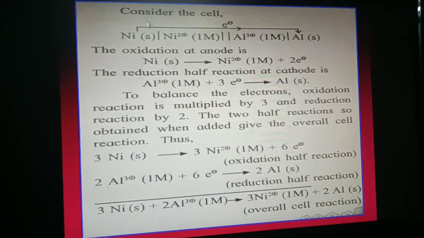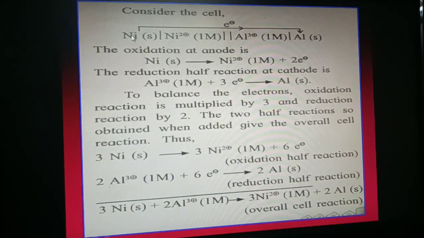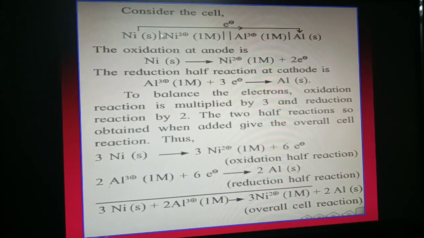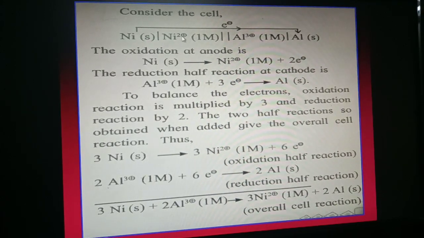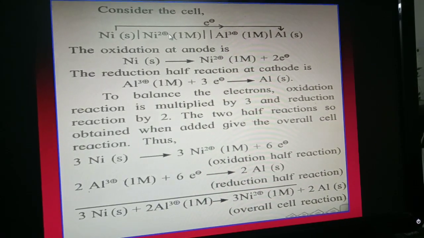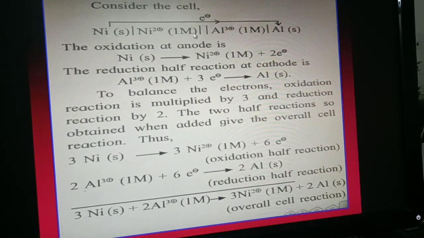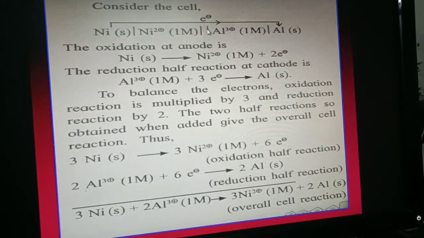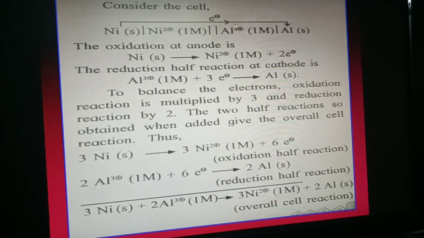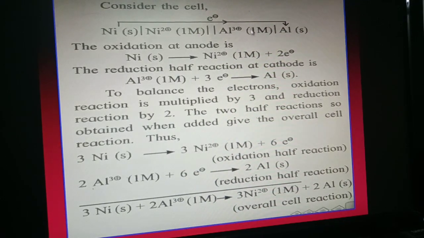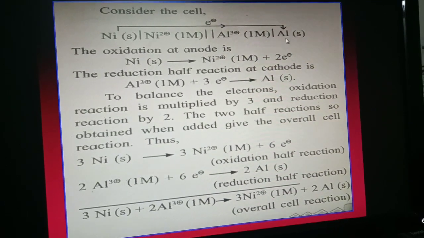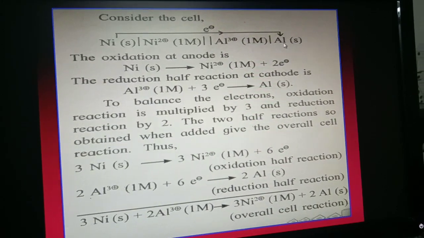Consider this cell formula. Nickel solid is in direct contact with Ni2+ solution, which is 1 molar, which is in indirect contact with Al3+ solution, also 1 molar, in direct contact with aluminium.